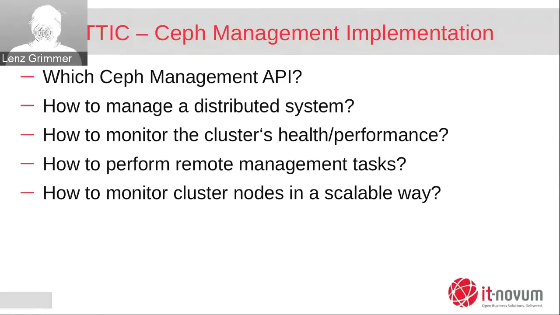Also, we want to not only monitor the entire cluster's health, but we also want to monitor how the individual nodes are doing. If there's a memory shortage, if the network bandwidth is being exceeded, or if a disk is failing, you need to have local monitoring running on each of these nodes to capture and collect this information.